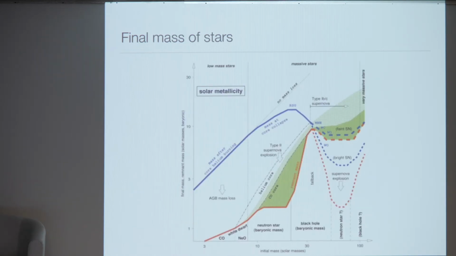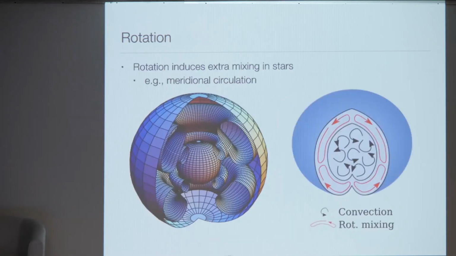And of course, I showed you a very simplified picture of stellar evolution, and I didn't take into account many other physics which can play a role and change how the star evolves. I will just go over some physics I didn't discuss.